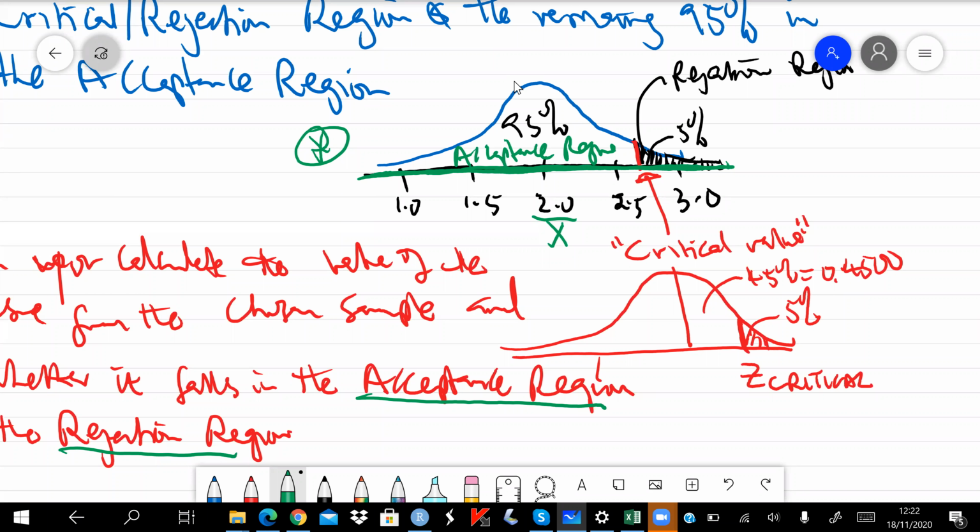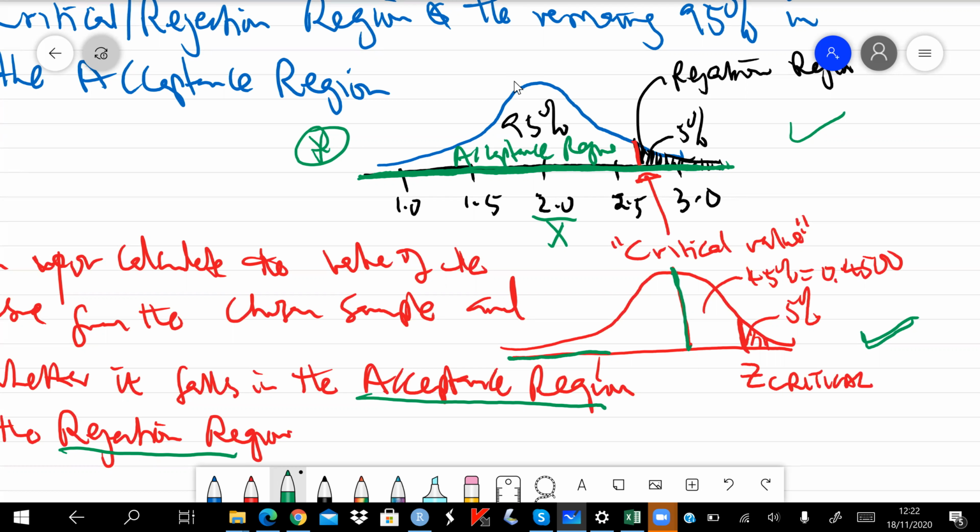Okay, but to make our work easier, we'll not be working with the calculated value of X bar when we're testing a hypothesis about the mean. We'll be working with the standardized value of the observed sample measure. So instead of using this diagram here, we'll be using this diagram down here. So instead of using X bar, we'll be using values of Z. For the value of X bar that you have obtained, we'll get a value of Z that corresponds to that.